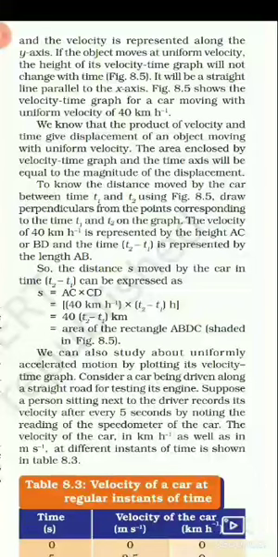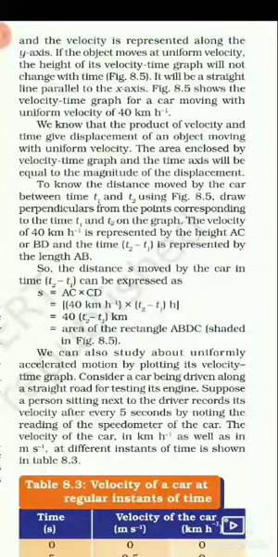We know that the product of velocity and time gives the displacement of an object moving with uniform velocity, and the area enclosed by the velocity-time graph and the time axis will be equal to the magnitude of displacement. So, to know the distance moved by the car between the times t1 and t2, draw perpendiculars from the points corresponding to the graph.